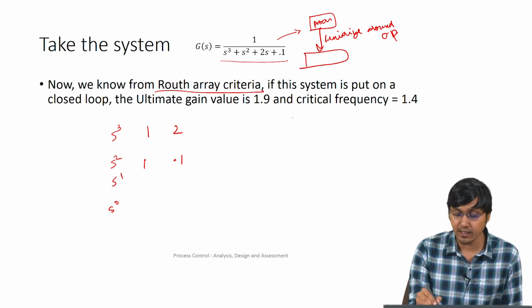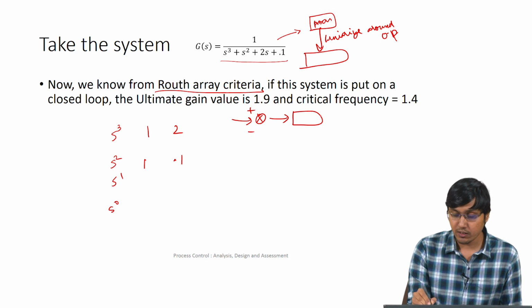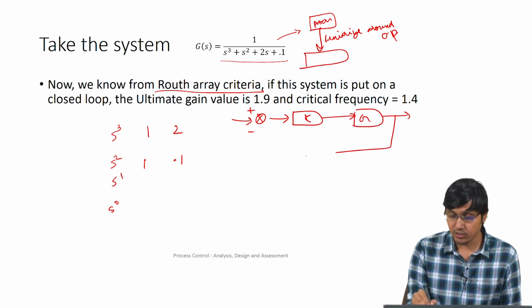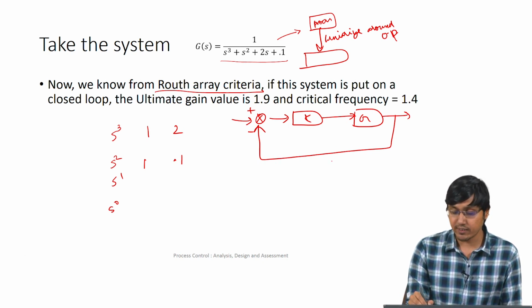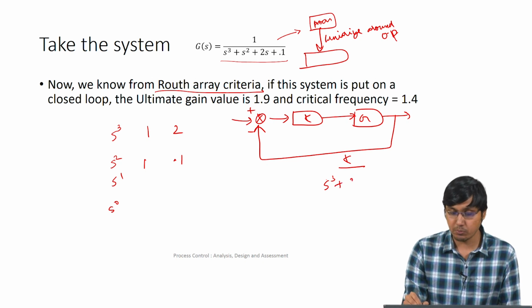So when we have a transfer function like this, this is the set point, this is the summer block, and this is the gain and transfer function, and then you feed it back. Basically the closed loop transfer function is k by s cube plus s square plus 2s plus 0.1 plus k.